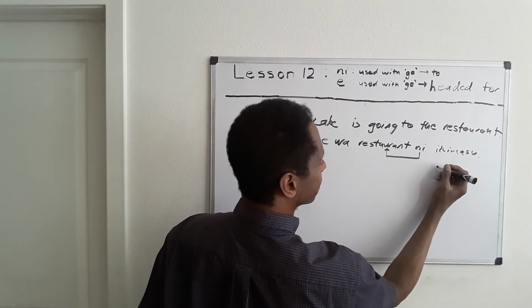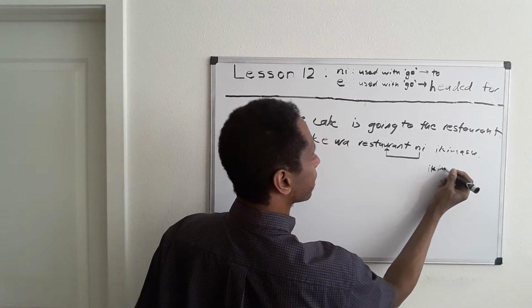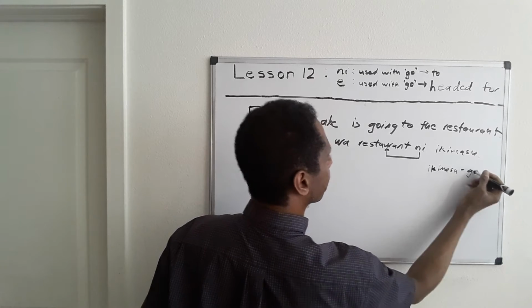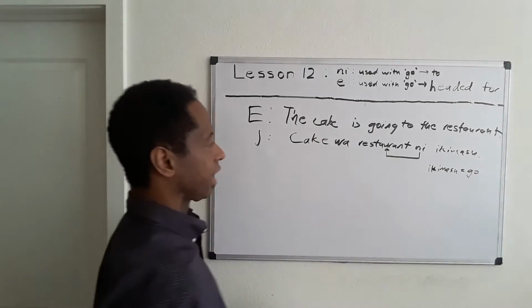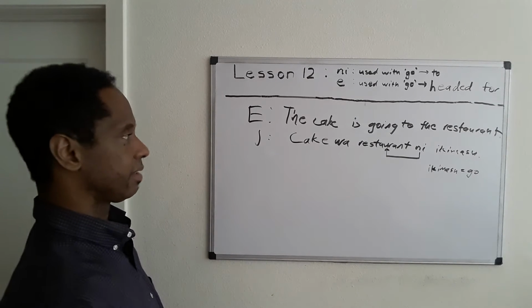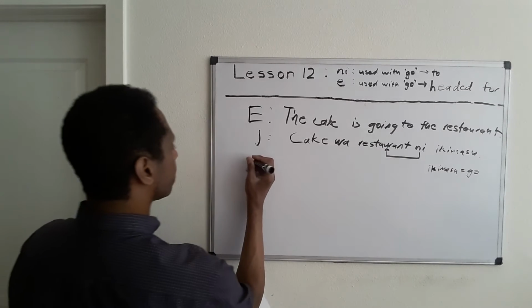Ikimasu is a little new. We're not going to go over it right now, but ikimasu means go. Okay? Cake wa restaurant ni ikimasu. Okay? Let's go over another example.